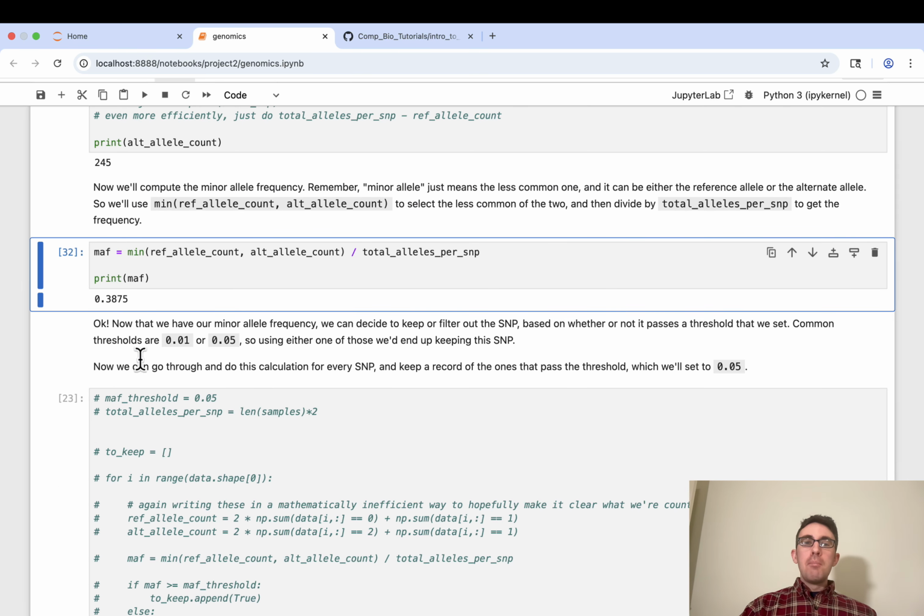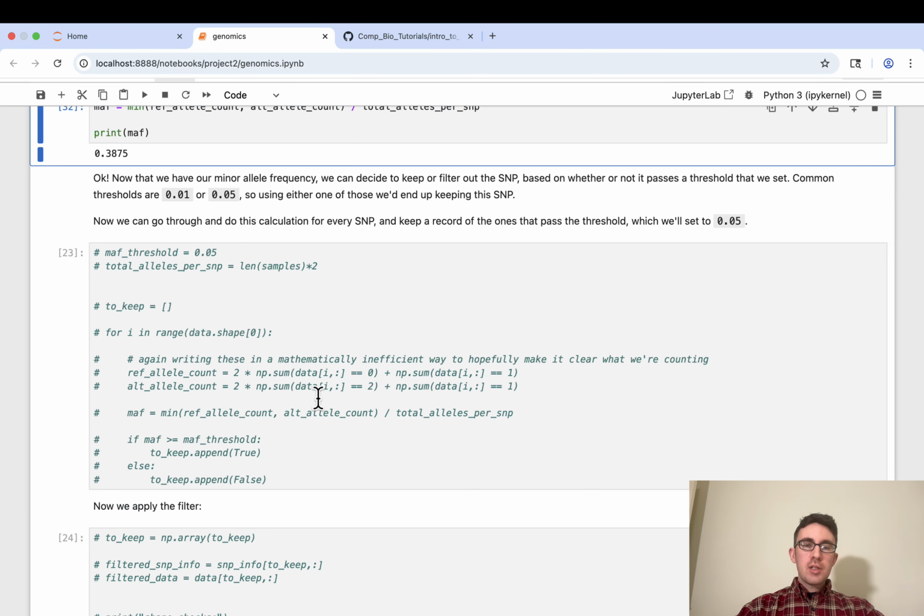But if we have a minor allele frequency that's too small, like maybe 0.01 or 0.001, then we might not have enough observations of one of the alleles to really check for an association with the zombie phenotype.